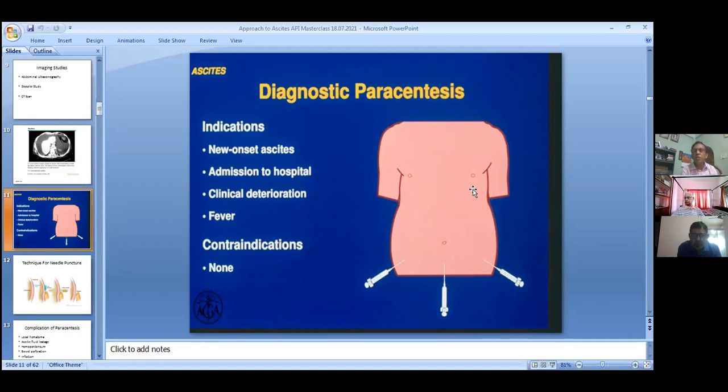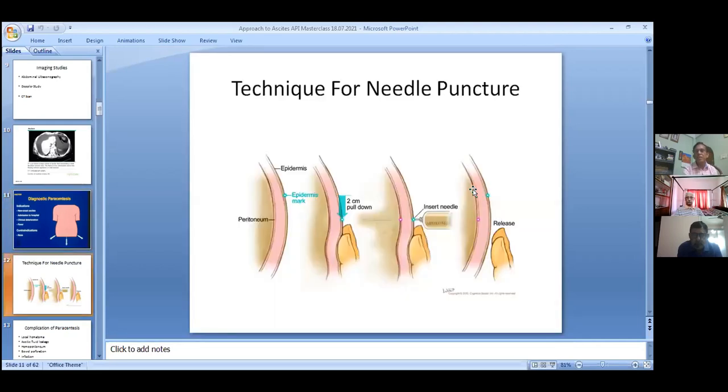And in patients with cirrhosis who are getting admitted to the hospital, again, you should go for paracentesis of ascites, mainly to exclude spontaneous bacterial peritonitis. And in a patient with cirrhosis, if there is clinical deterioration or fever, then you have to do it. There is no contraindication for diagnostic paracentesis of ascites.